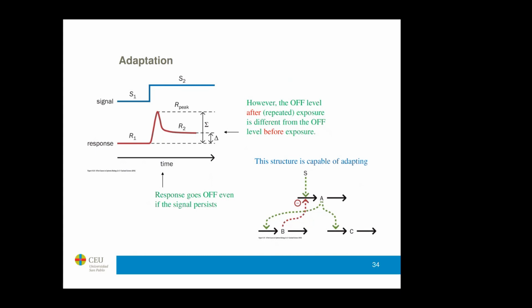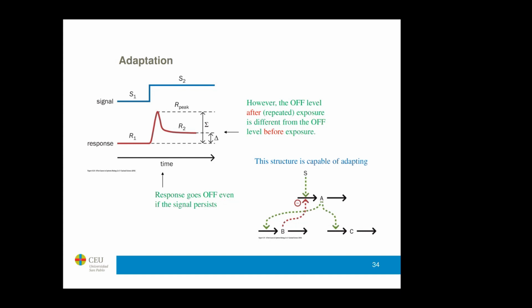So at this level of signal, you will have this response. When it goes up, it will go up. But at some point, even if the signal stays, you don't want to be so high because this costs energy. So you want the response to come back, but you will come back to a different level.